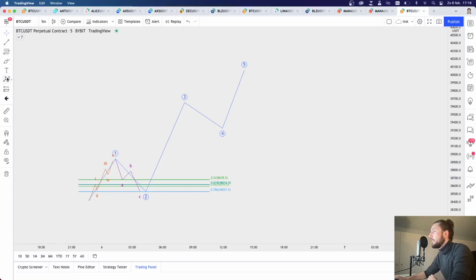So then as well in the third wave, we have 1, 2, 3, 4, and 5. And then in the fifth wave, we have 1, 2, 3, 4, and 5 as well.